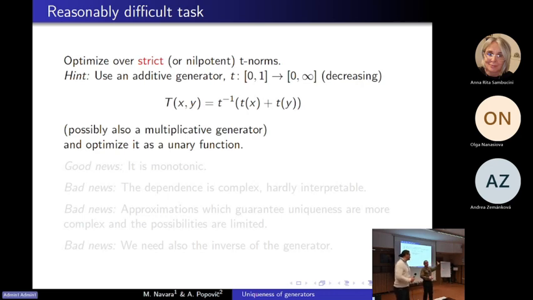The generators are the way to get it. Okay, if we agree on associativity, we have difficulties with the binary operation, but we can switch to a unary operation. If we look at copulas and ignore associativity, that's a completely different task, in 2 dimensions, without these restrictions. That's something else.